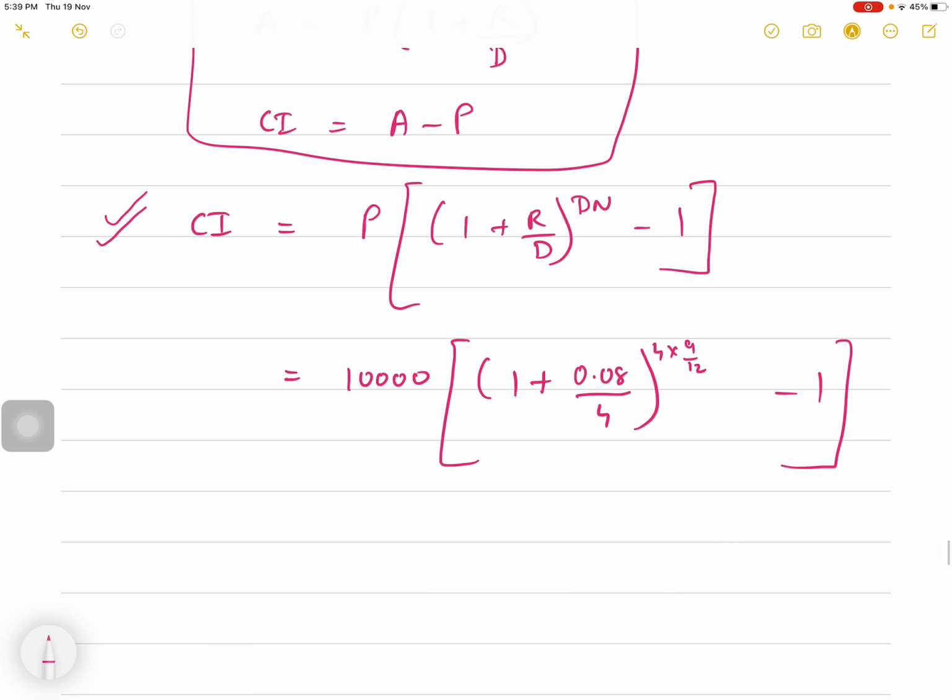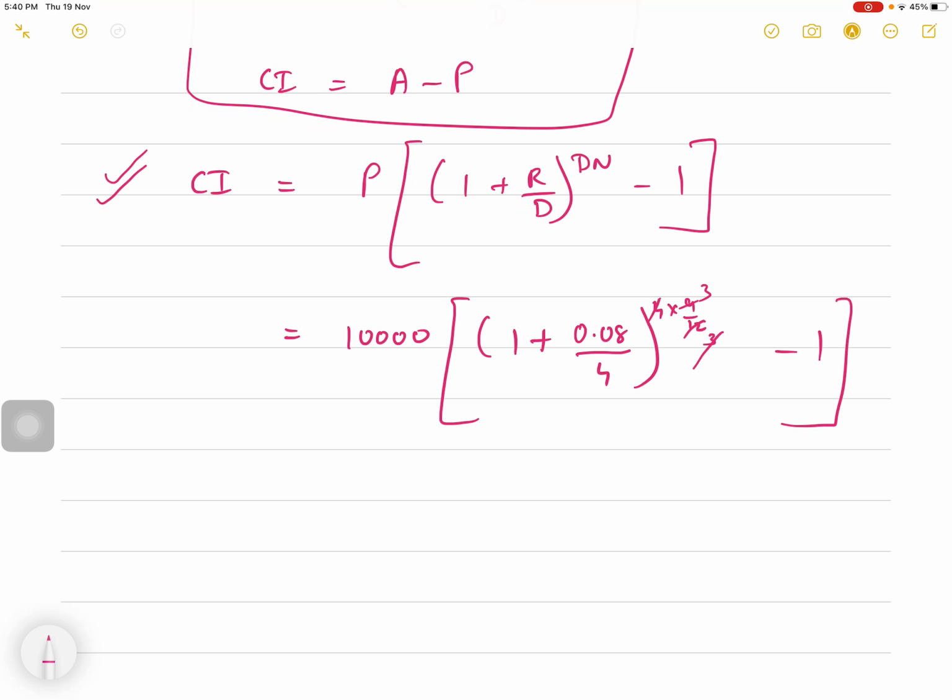Okay. So 4 ones are 4, 4 threes are 12, 3 ones are 3, 3 threes are 9. So 10,000 into (1 plus 0.08 divided by 4), so 0.02, raised to 3, minus 1.